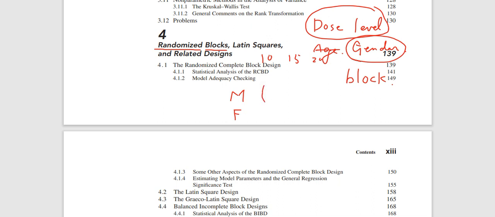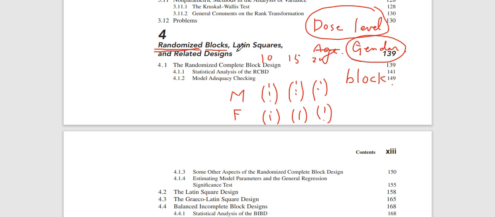So we check some males at the 10 level, and some females at the 10 level, and the 15 level with some males, some females, like that, right? So the results may be related to those levels and also related to gender. But this gender effect, we don't care about very much. So we call those the block. For those blocks, we say randomized. Okay, randomized.